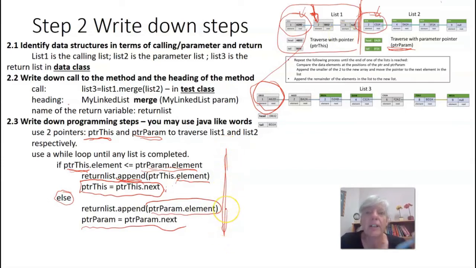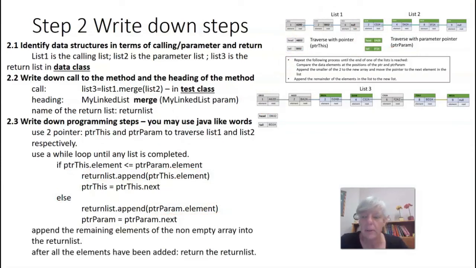Execute this code over and over again with different list examples, until you understand that I will reach the end of one list before I reach the end of the other list. And after I've reached the end of the first list, I can simply copy all the remaining elements of the other list into the result list. And that is this part here.